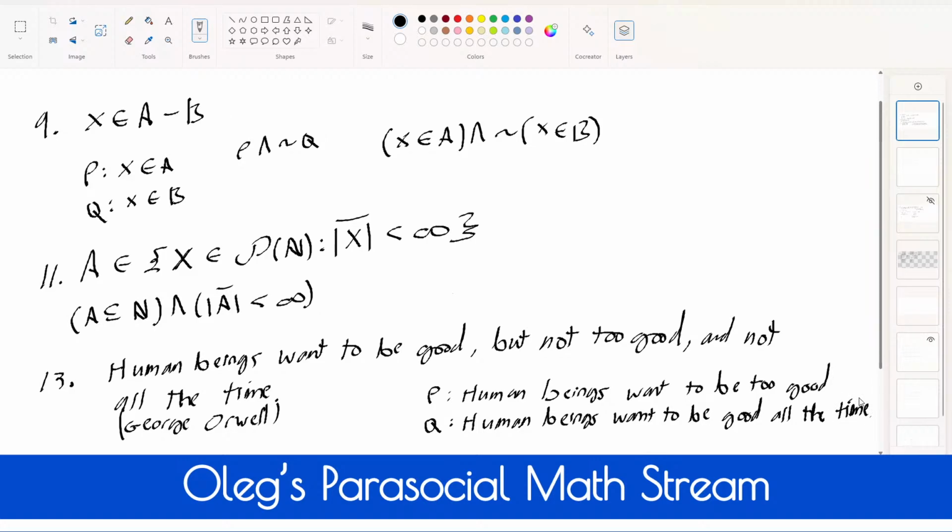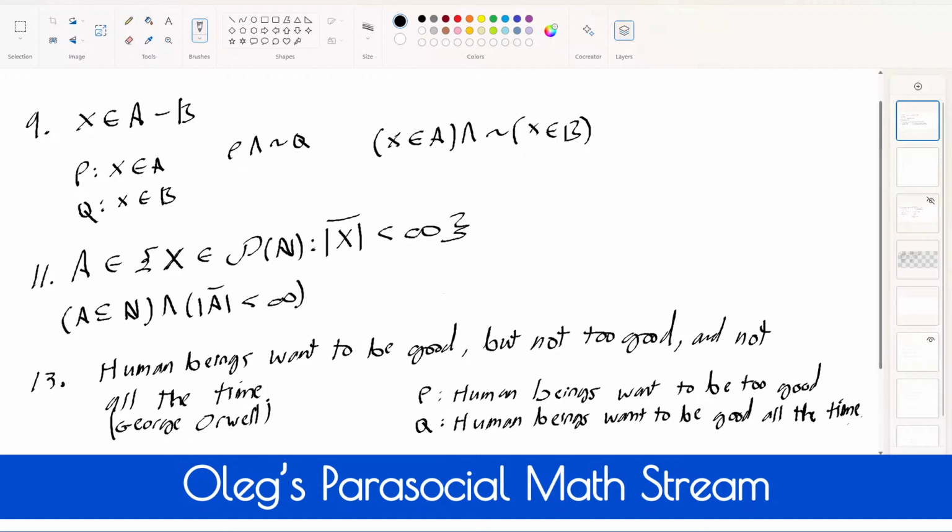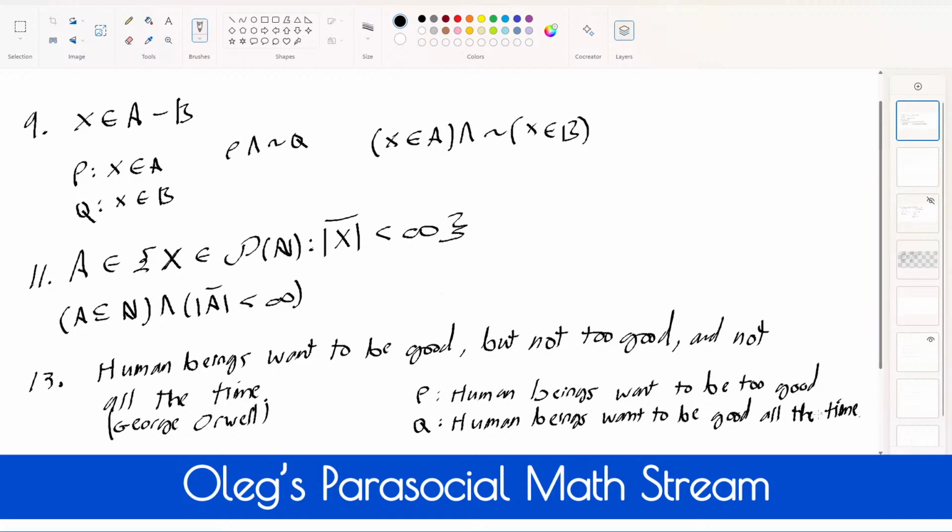Okay, now I'm going to move this a little bit more over. I've got a bit more room. Okay, let's try not this. I'm going to say not P and not Q. That's how I see it.